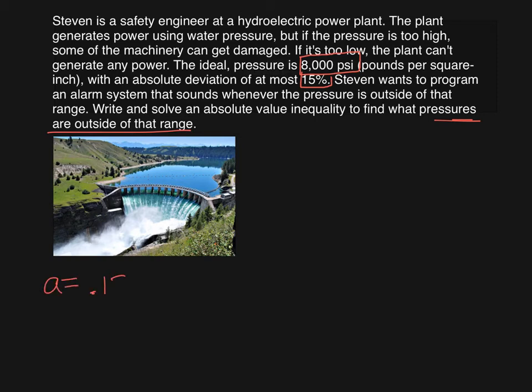The part equals 0.15, that's the percent, times the base, or the whole, which gives us A equals 1,200 pounds per square inch. So this right here is the deviation, the possible deviation from the ideal number.